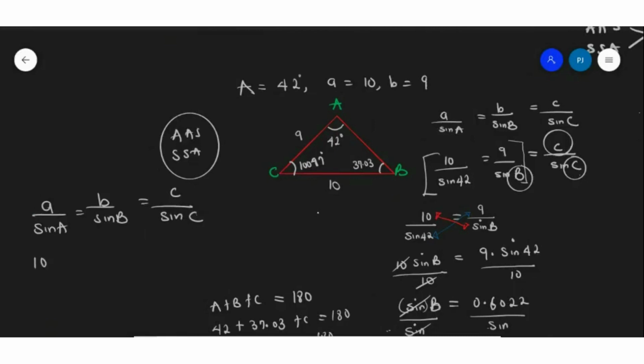So it's going to be 10 over sine A, which is sine 42, is equal to b over sine B. What is b? Was I able to find b?